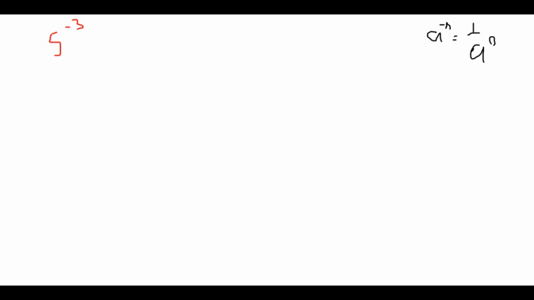So what we'll have here is 5 to the power of negative 3 is 1 over 5 to the power of 3. Now this is equal to 1 over 5 times 5 times 5, which is equal to 1 over 125. So this is the answer.